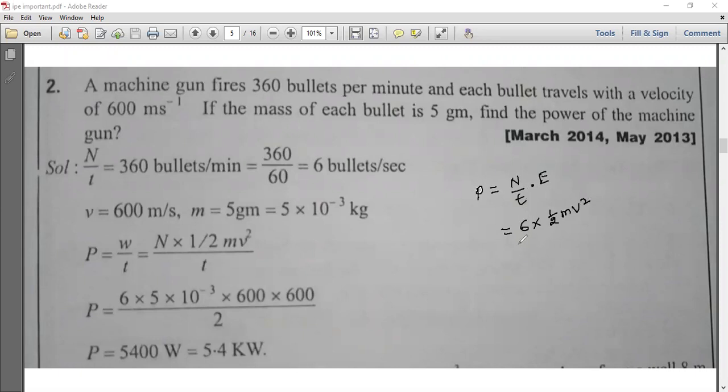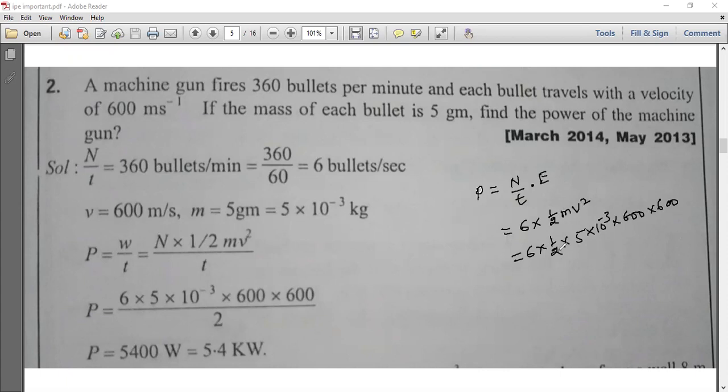So 6 into half m v square. 6 into half into m value, which is 5 into 10 to the power minus 3, into 600 into 600, because v square is 600 into 600.